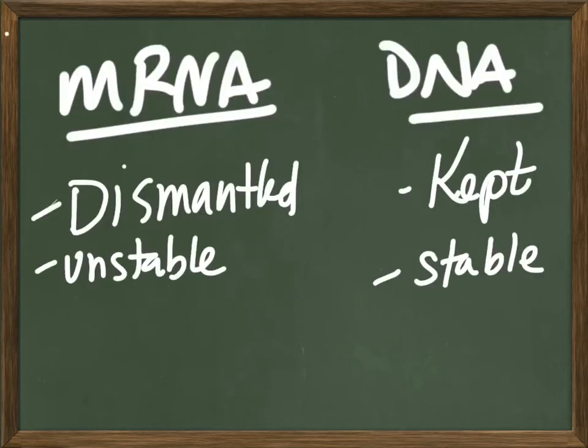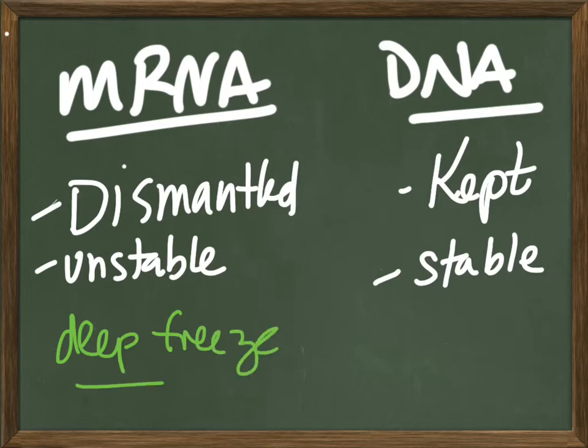Your cells are used to dismantling mRNA the very second that the protein is constructed. And under the best of conditions, mRNA tends to be pretty unstable. So mRNA vaccines require heavy refrigeration, actually deep freeze technology. DNA is held onto by cells for a little bit longer.